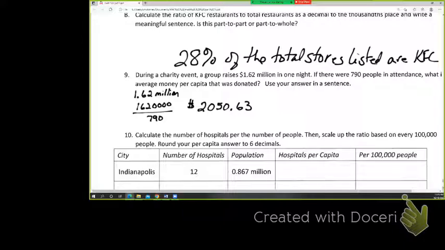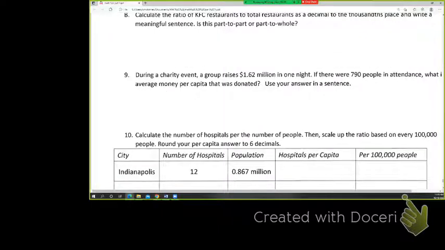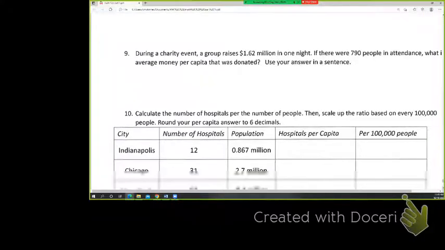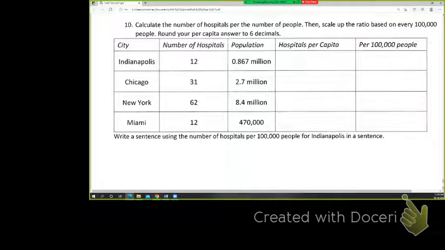And then we have per capita down here with the hospitals. And these are going to be little tiny numbers. Keep in mind, how many hospitals per person are there? We're not talking people per hospital. We're talking hospitals per person. It's a very small decimal.